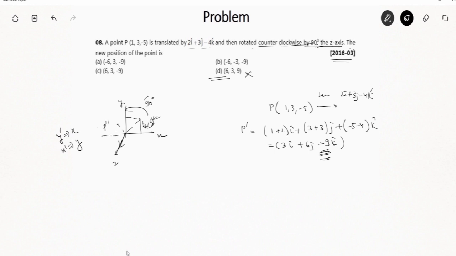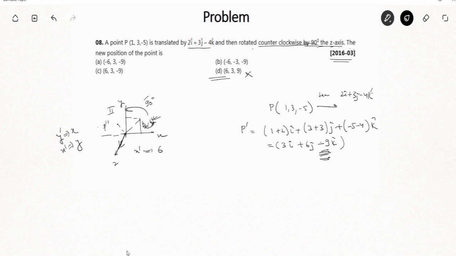While saying appropriate signs, I am trying to say that it depends on which quadrant the point is falling in. In this case it is going from the first quadrant to the second quadrant. So new x dash will be old y, which is 6.